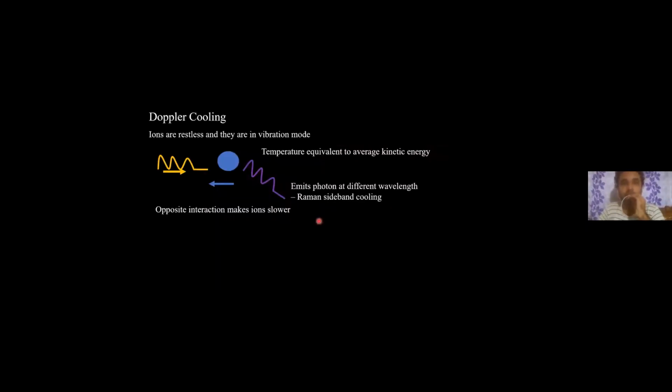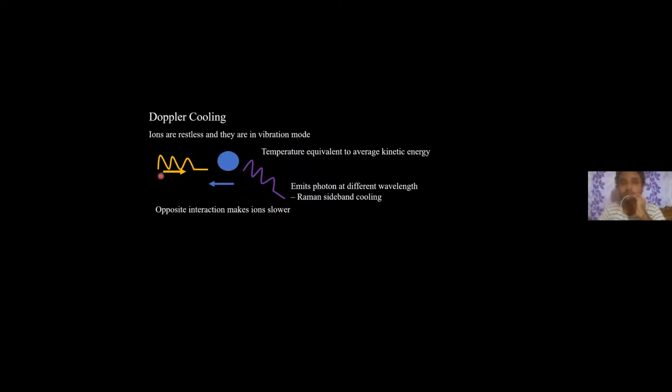So I need Doppler cooling. For Doppler cooling, the atoms are moving in one direction and I apply photons in the opposite direction. Applying the laser to the atoms creates transitions.